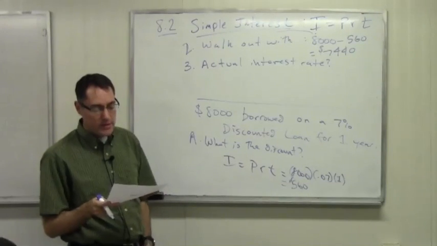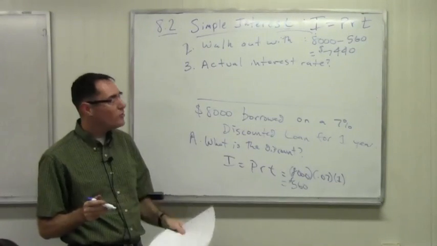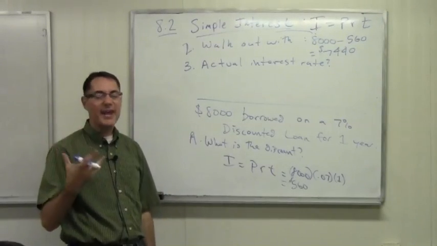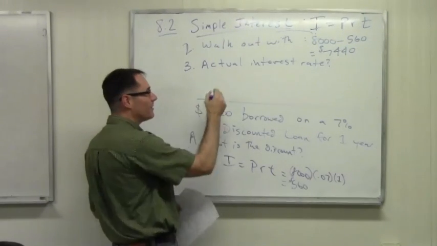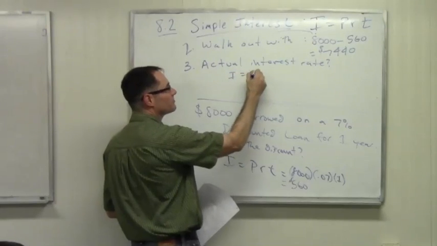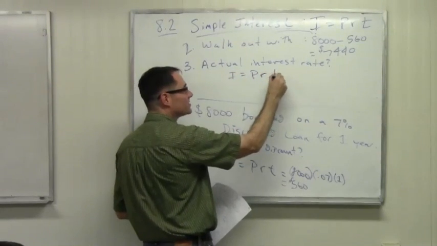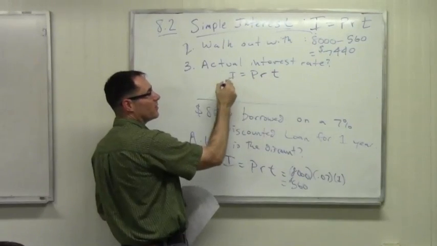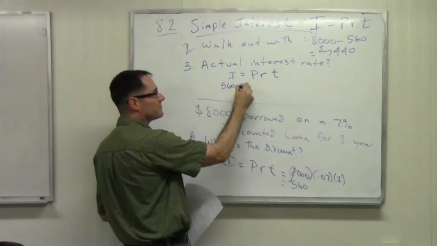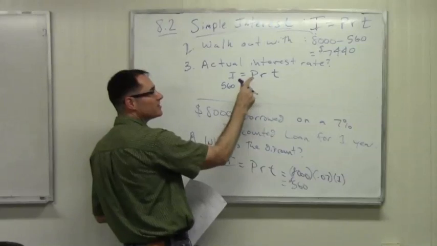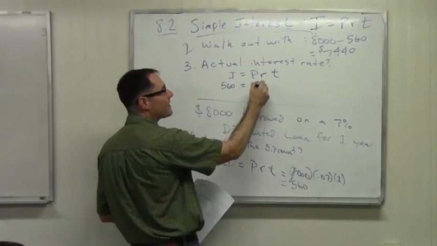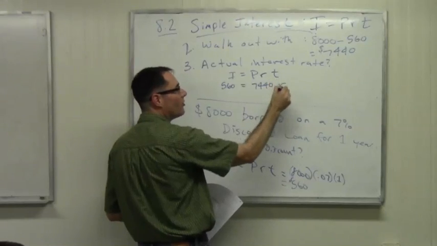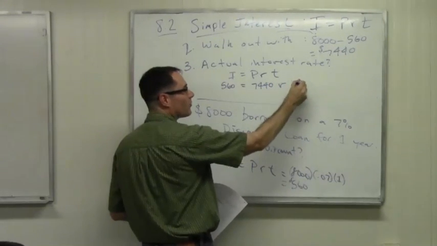So if we know that you've paid $560, but you're only getting $7,440, interest equals the principal times the rate times the time. Really, what's happening is the interest, we already know, is $560. The principal is $7,440, because that's how much you walk out with. We don't know the rate yet, but we know that it's for 1 year.